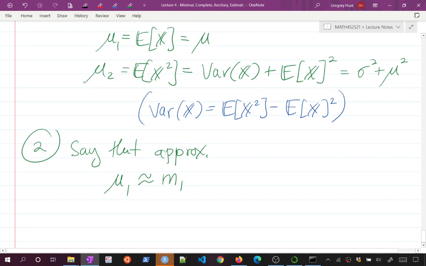M1 should approximate the true population moment, mu1. And my second moment should be approximated by my second sample moment.